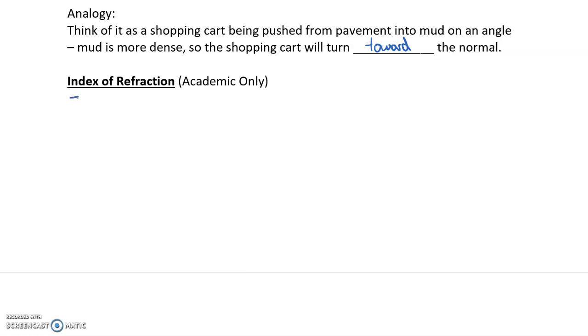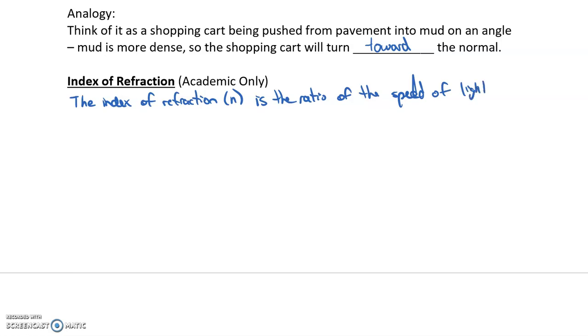The index of refraction, which we call n, known as little n, is the ratio of the speed of light in a vacuum, so that's anywhere in space, really, because most of space has no medium, no air, nothing in it, to its speed in a material.